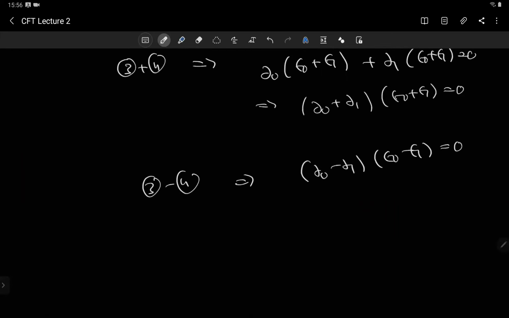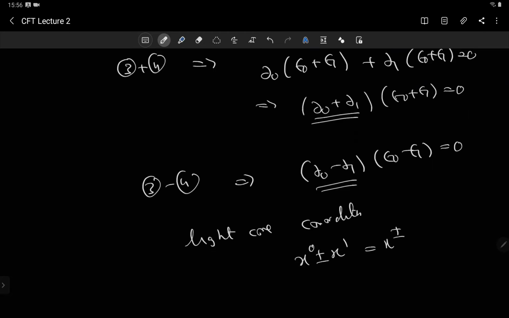Now, what does this mean? Since it is del 0 plus del 1, this suggests that we should go to light-like coordinates, or light cone coordinates. Light cone coordinates will be x0 plus minus x1, and we will call these x plus and x minus.